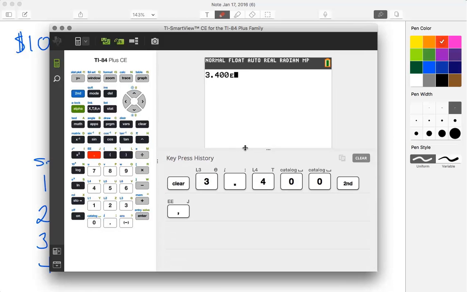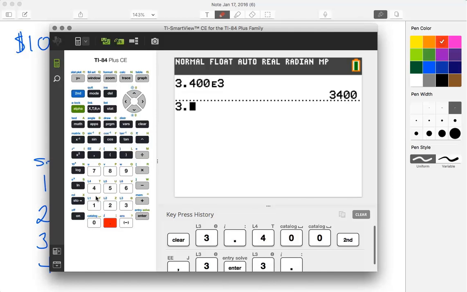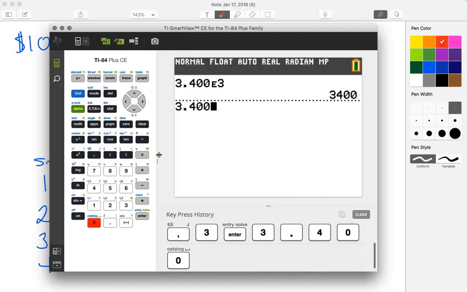So I put 3.400, second function, double E key there, and then I put 3 and enter, and that means 3,400. If I put 3.400 and I want it to be minus 3, so that would represent a much smaller number, I would not put 3400 minus. This would be a no. You'd put 3.400. Sorry, I did it prematurely.